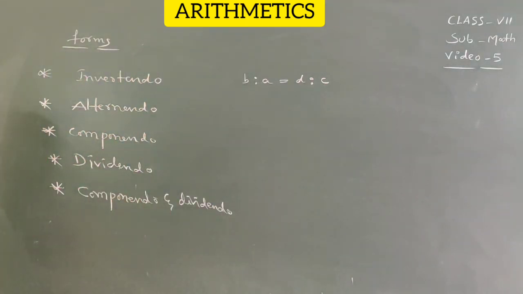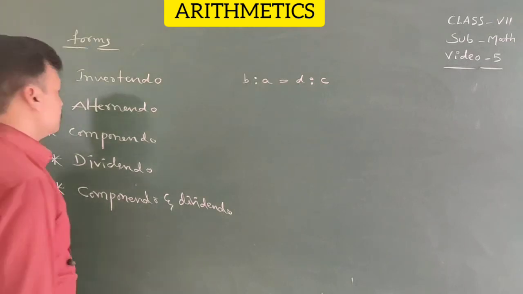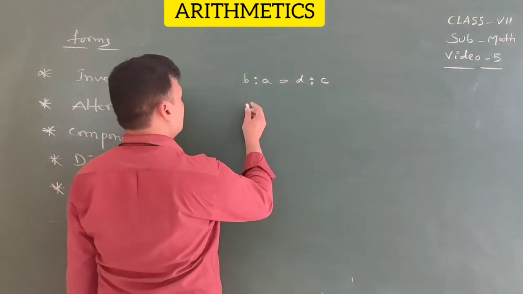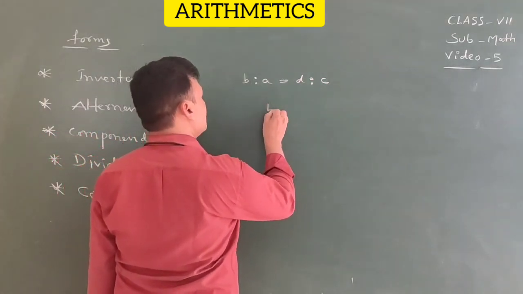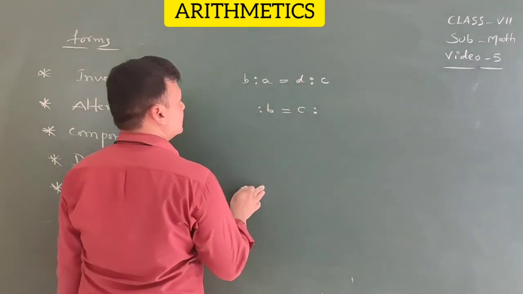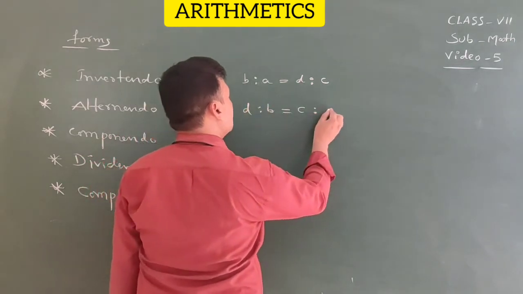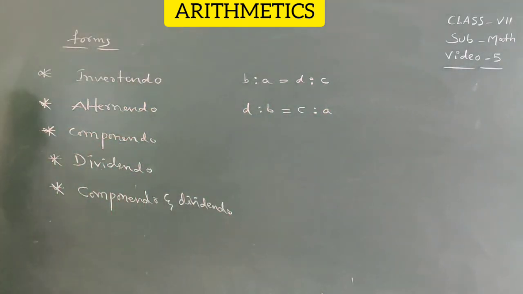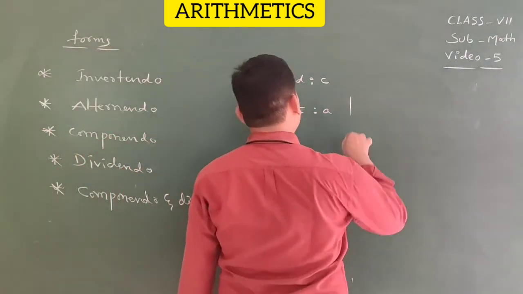Inverse ratios of given ratios are also in proportion. Next, alternando in 2 ways. If B and C are as it is, then B and A are interchanged; otherwise BC.